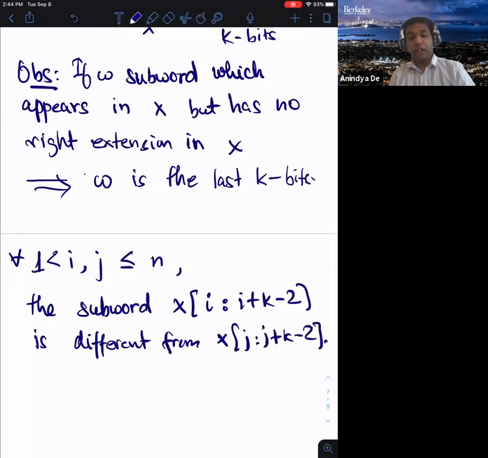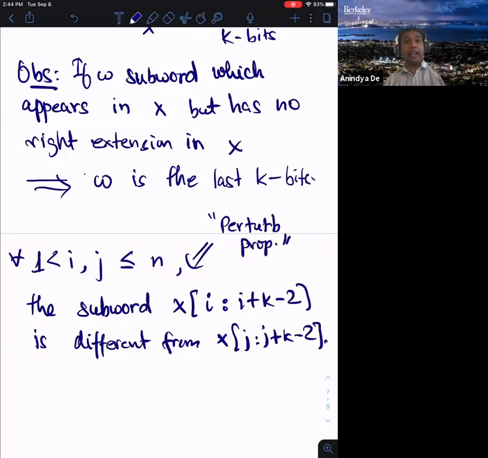If this property holds, let's call this the perturb property, that any subword of length k minus 1 appearing at any position is always distinct, then this extension-based algorithm will work out.